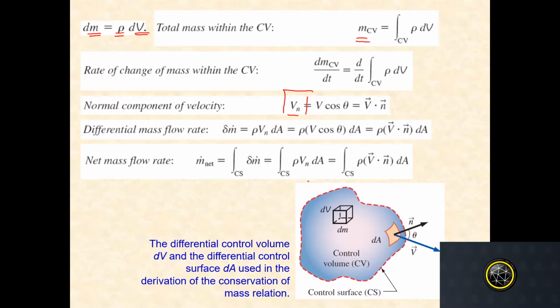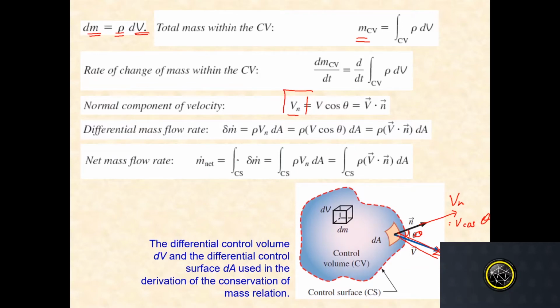How do you get Vn? For example, if you look at the figure below, the velocity is given at a certain angle from the surface. This is theta with respect to the normal axis. For you to get Vn, you just need to find Vn equals V cos theta. But in most cases, this Vn will be given straight away.